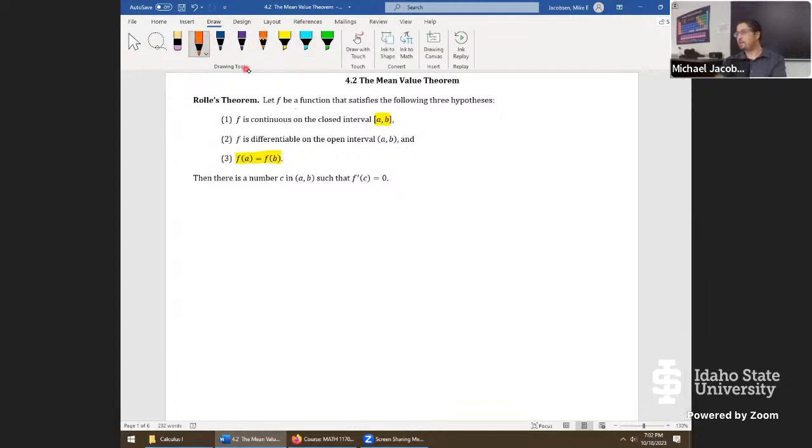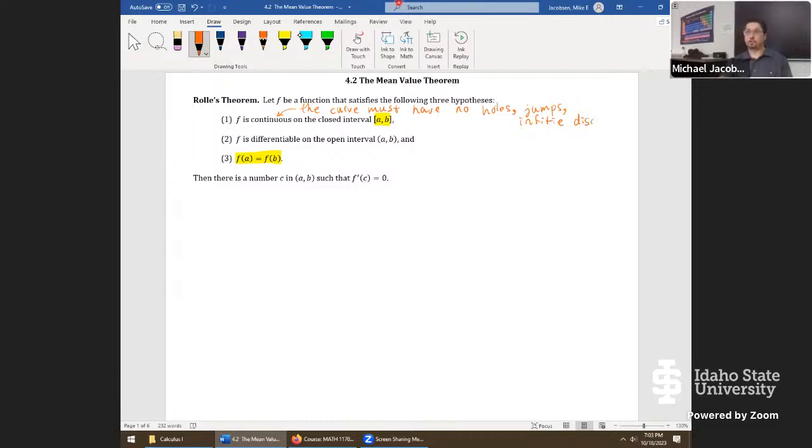Here for continuity, we just have to be able to draw that curve without any holes, any jumps, any infinite discontinuities or things like that. So let's just say here, the curve must have no holes, jumps, infinite discontinuities.